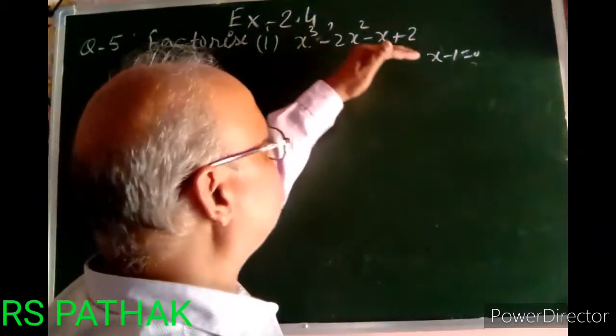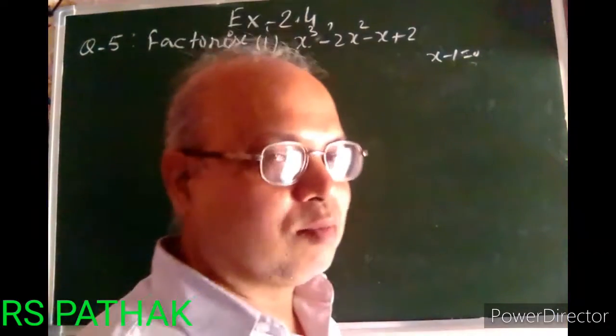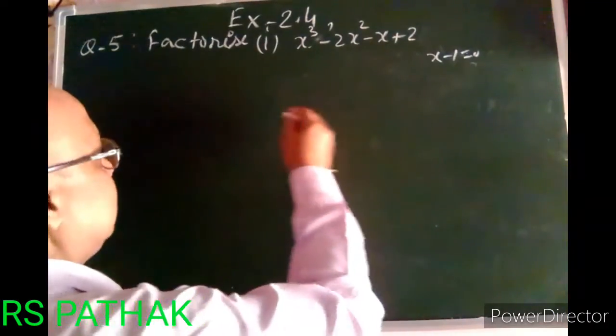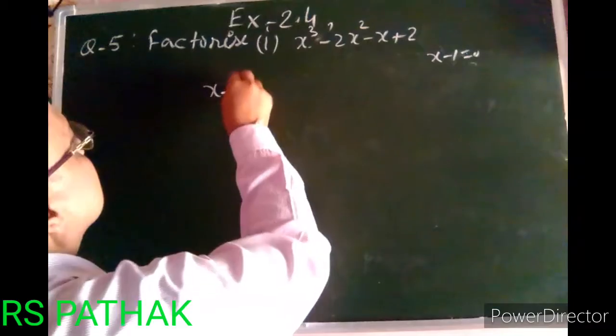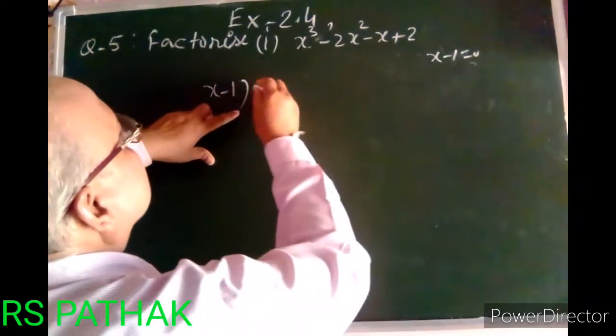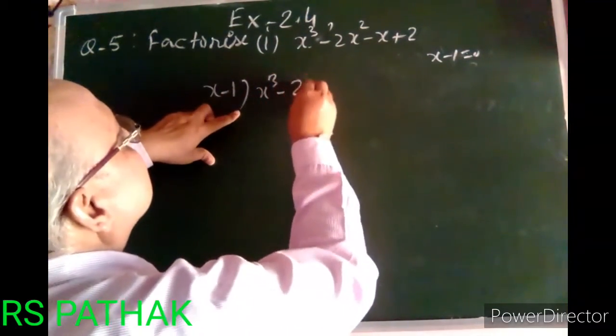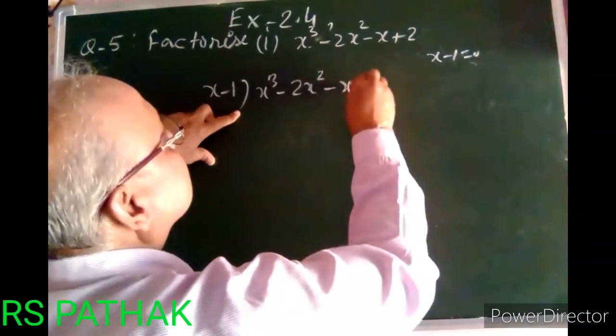For finding 2 more factors, what will you do? You will divide by x minus 1. X minus 1 divides this polynomial, x cube minus 2x square minus x plus 2.